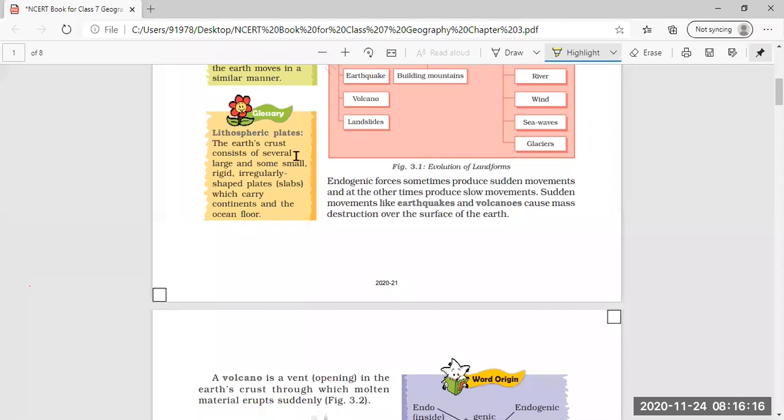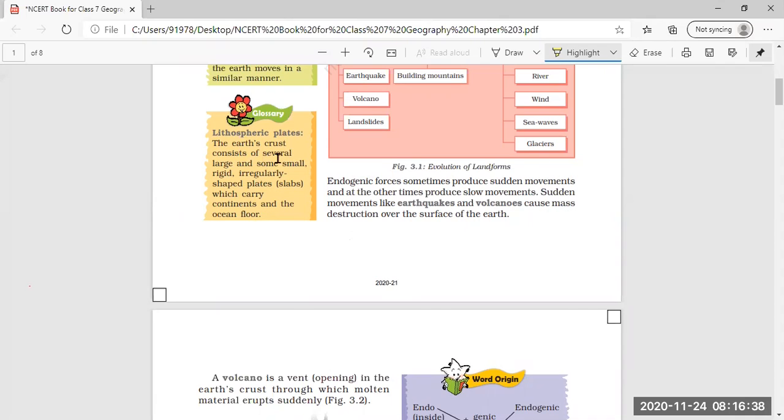Now, lithospheric plates. The Earth's crust consists of several large and some small, rigid, irregularly shaped plates. It can also be called slabs, which carry continents and the ocean floors. So, this is the definition of lithospheric plates.